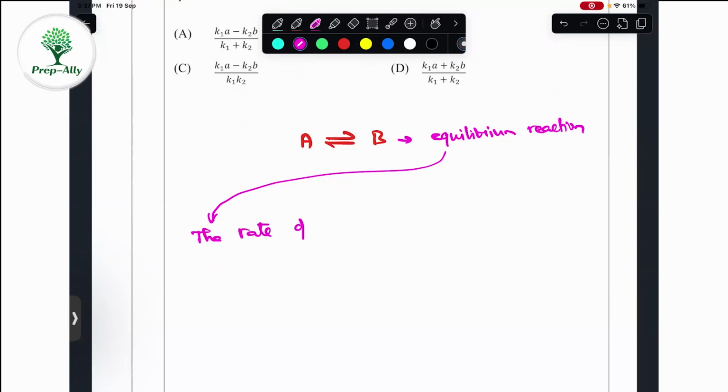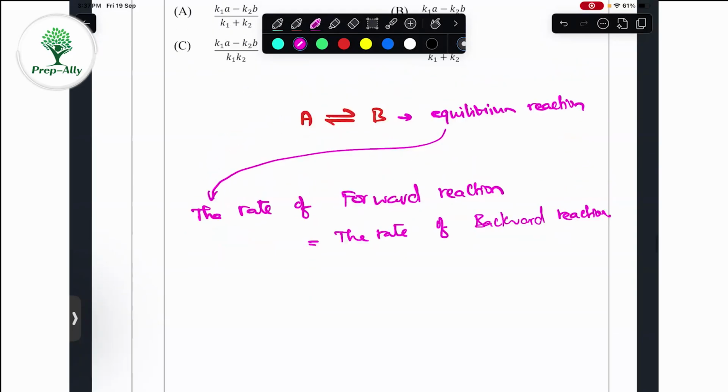The rate of forward reaction will be equal to the rate of backward reaction. The forward reaction has the rate constant K1, and the backward reaction has the rate constant K2.